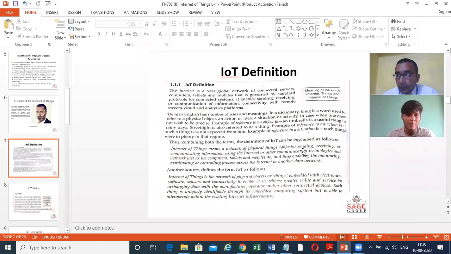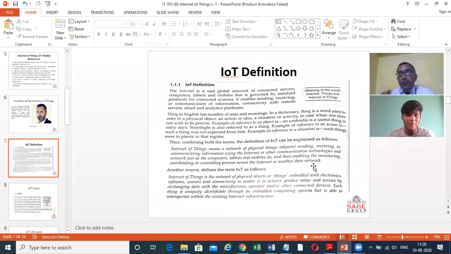So here we add on it: IoT means the network of physical things sending, receiving, or communicating information using the internet or other communication technology and network, just as computers, tablets, mobiles do, and thus enabling the monitoring, coordinating, controlling process across the internet or another data network.